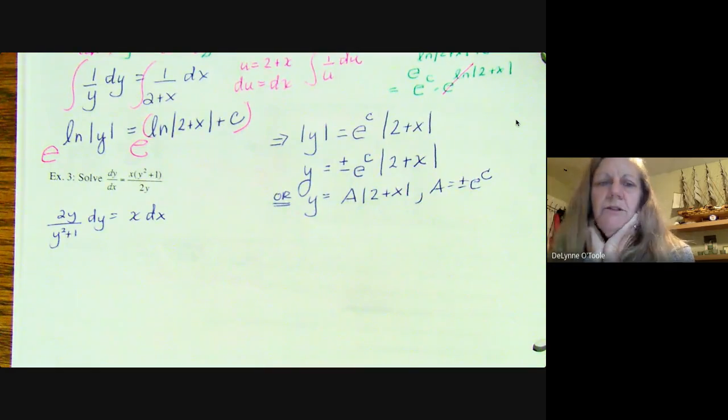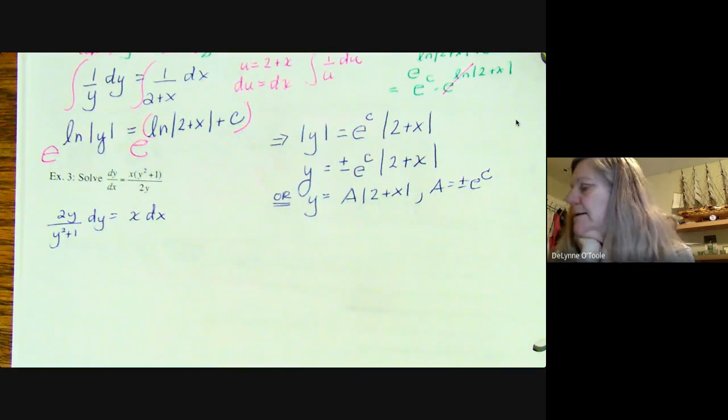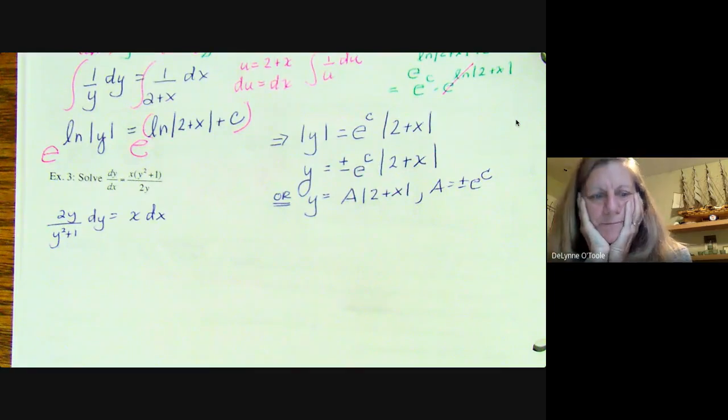Once you've separated, just do a quick check to see if you did it right, because there's no point moving forward if you haven't. Just check my paper.